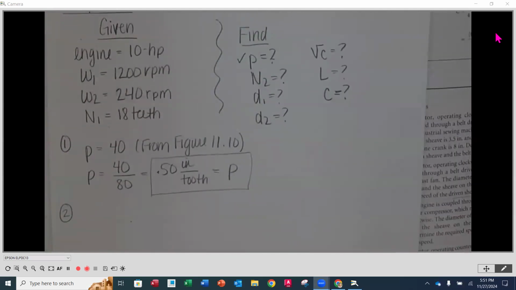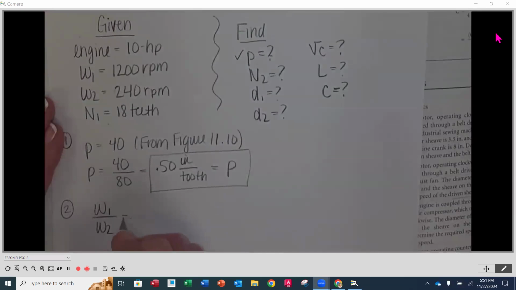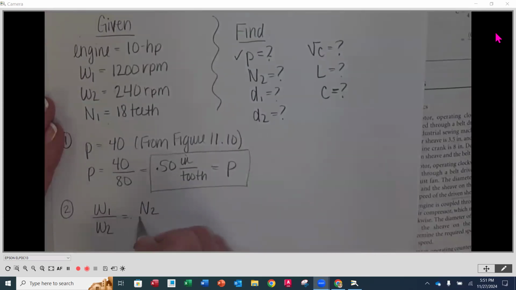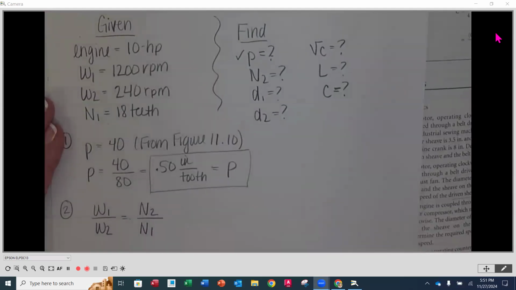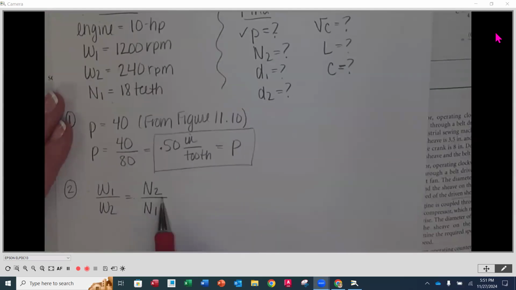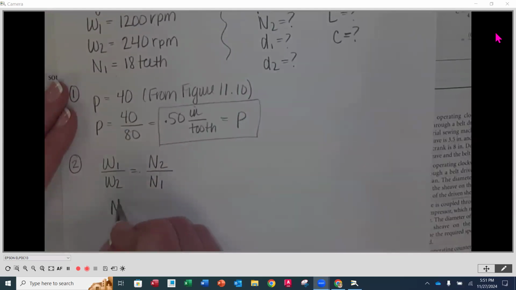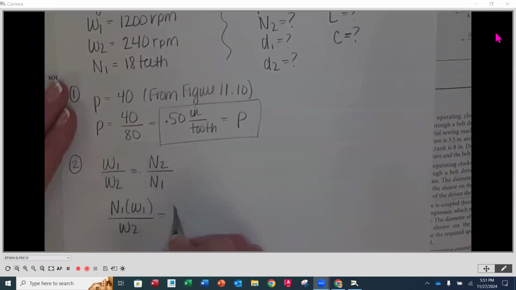So we set this up so that W1 over W2 is equal to the number of teeth in our driven sprocket divided by the number of teeth in our driver sprocket. Solving for the number of teeth on our driven sprocket, N1 times W1 divided by W2 is equal to N2.